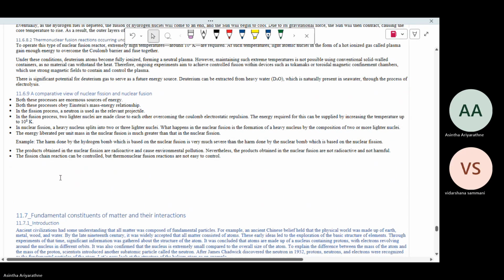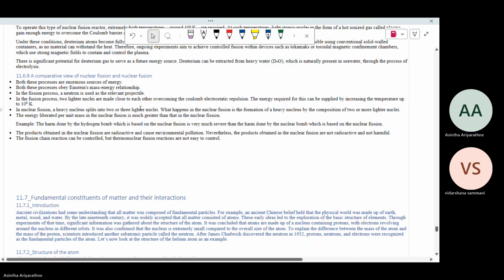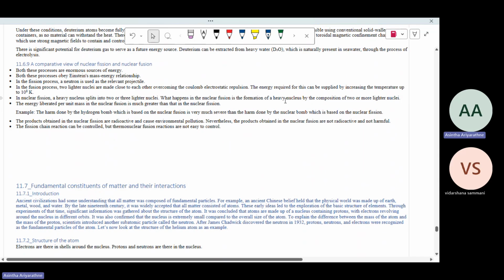In the fusion process, high temperature is required for the reaction to happen. Right? So those are the comparisons.